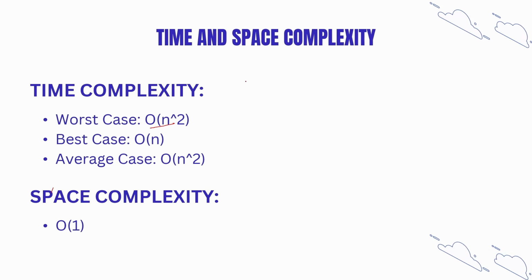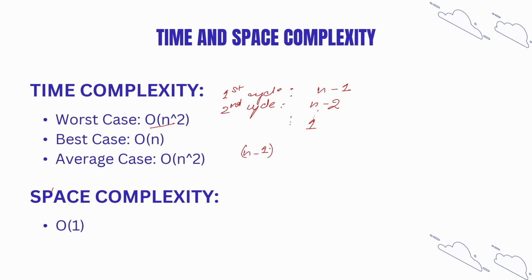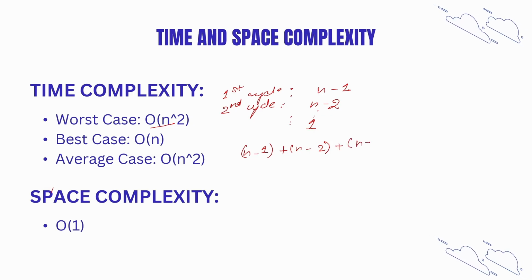So for the first cycle, comparing n minus 1 elements. In the second cycle, comparing n minus 2 elements. Okay, and so on. In the last cycle it will compare one element. So if we count the total number of comparisons, these are n minus 1 plus n minus 2 plus, and so on.